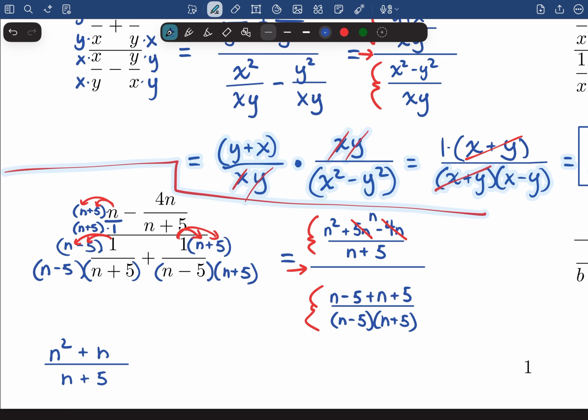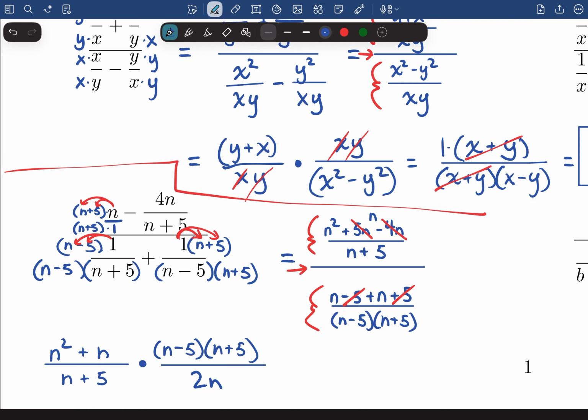And now I've done a keep, now I switch, and now I flip. And so I take n minus 5 times n plus 5, those factors of the denominator, I put them in the numerator. And something I notice as I clean this up a little further is this negative 5 and this positive 5, they cancel. Negative 5 plus 5 is 0, and n plus n is 2n, like this.